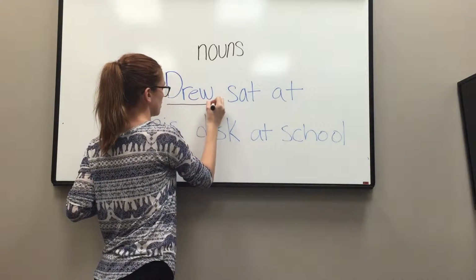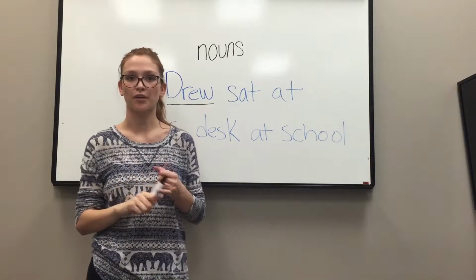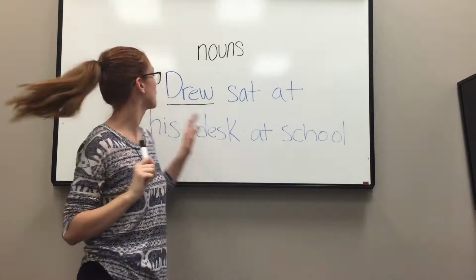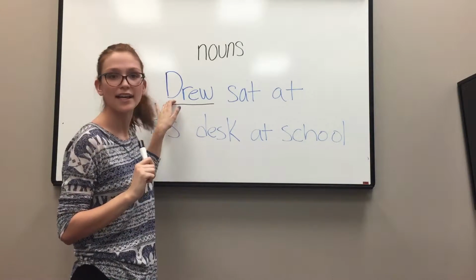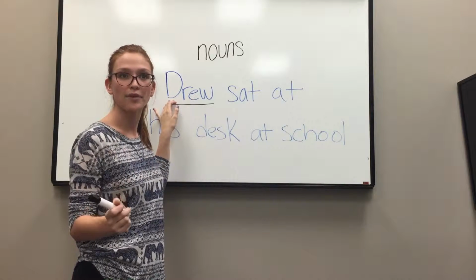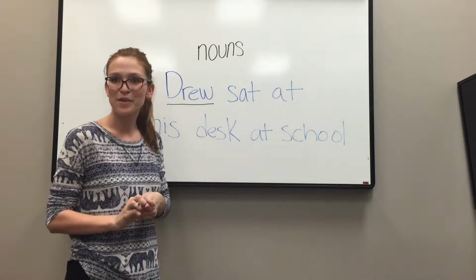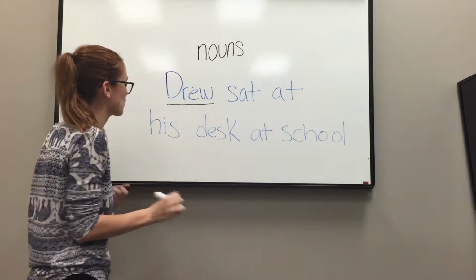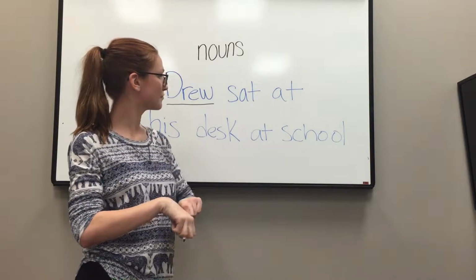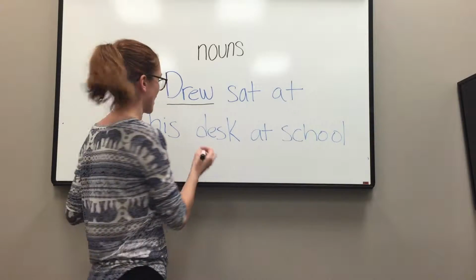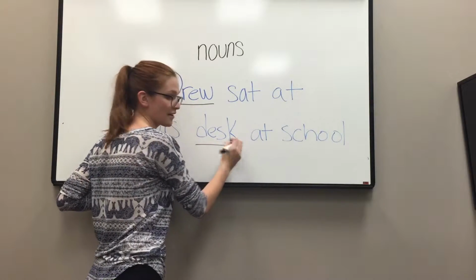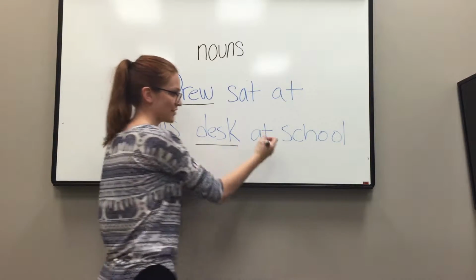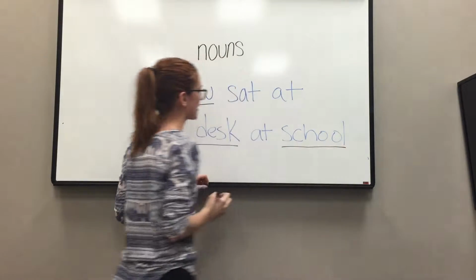Drew is a person, and since we have a name, we capitalize it, and we call those proper nouns. We already know that we capitalize our names, right? We do that every day. What's another one that we see? Right, desk is a thing, and school is a place.